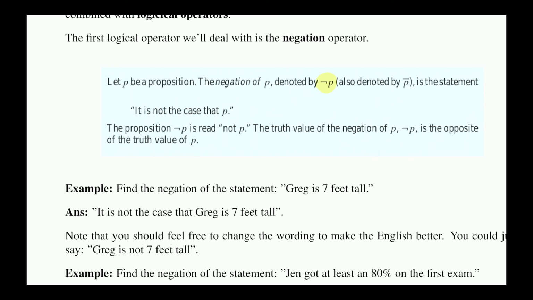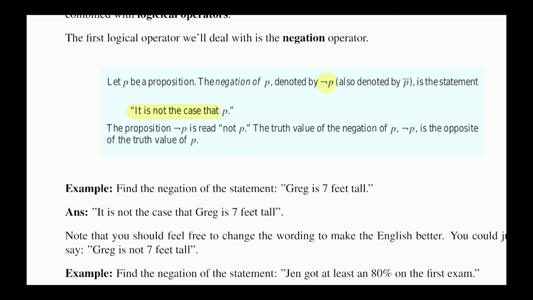Other books use this other symbol. We're not going to use that, but it's there for completion. We're going to use the first one. And you can always write the negation of something by adding this: it is not the case that P.